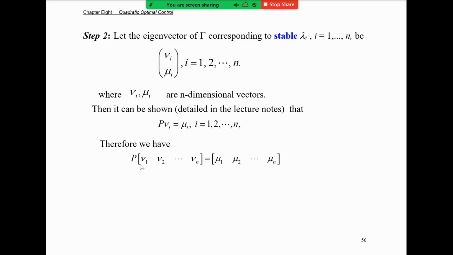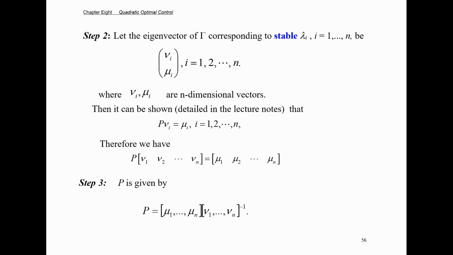Then you just get the inverse of this matrix, and you multiply both sides, and then you get the solution for P. The advantage is that there is a well-formed computational procedure to follow, and there is only one solution. And we know in theory there is only one solution.